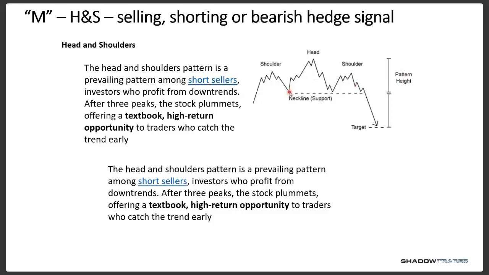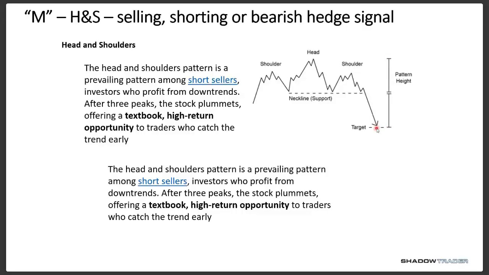The amplitude or the distance from the neckline, or this low that bounced, to the head is here. Statistically, the break below this neckline is going to have the same amplitude to the downside, or what's called a measured move. That would be your target on a move to the downside.